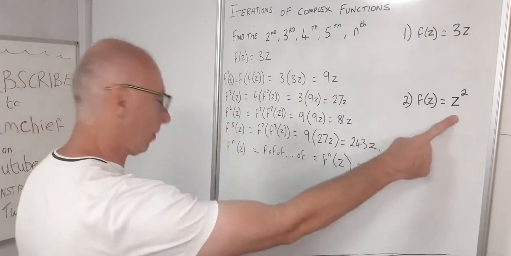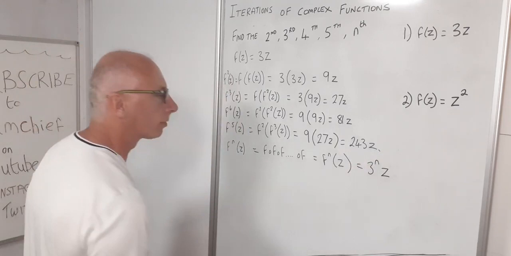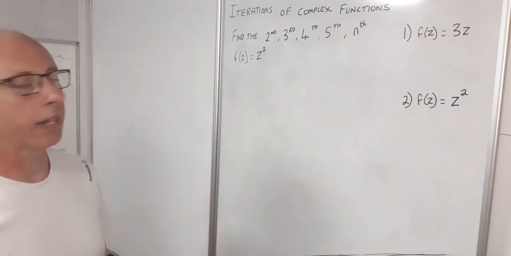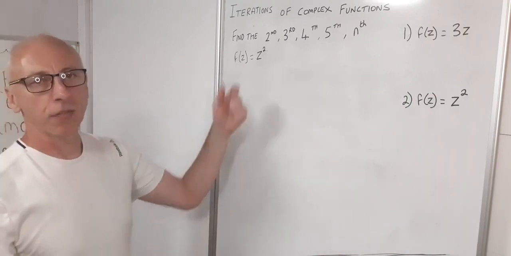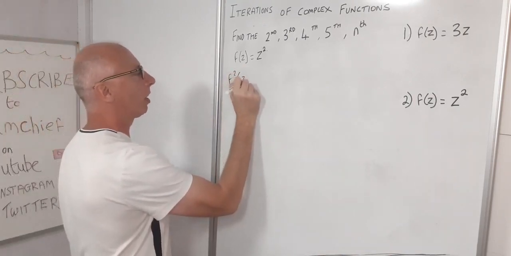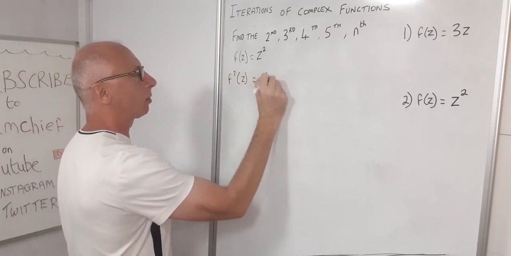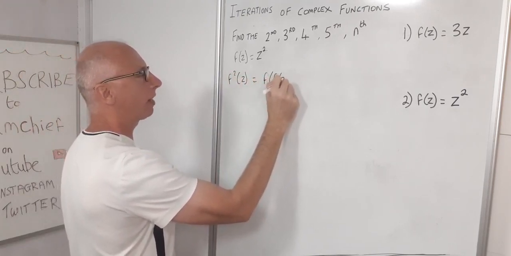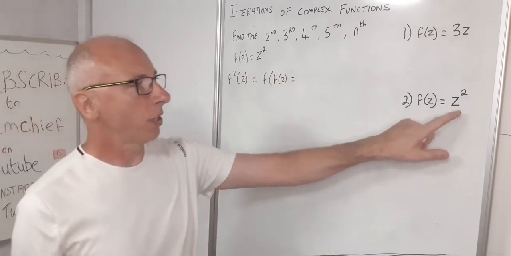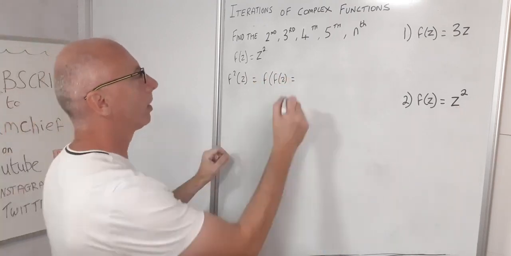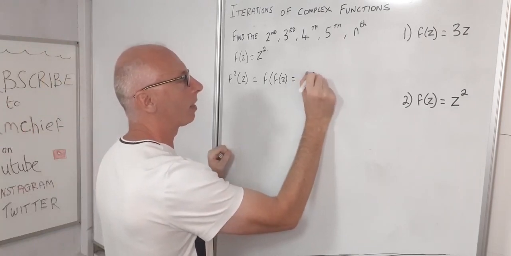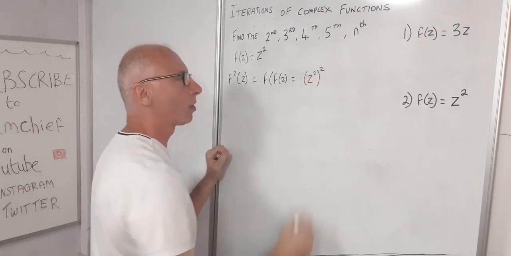Okay, so now we're going to have a look at z squared. Now our function f of z is z squared. So let's find our second iteration. So f2 of z basically equals f of f of z. So our function is squaring. So basically what we want is z squared, squared.